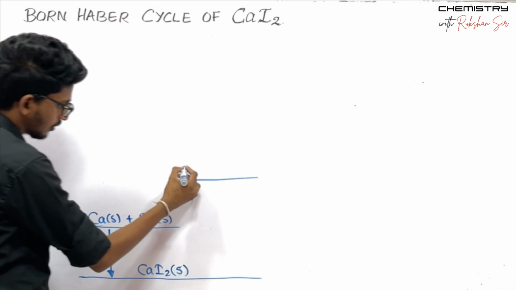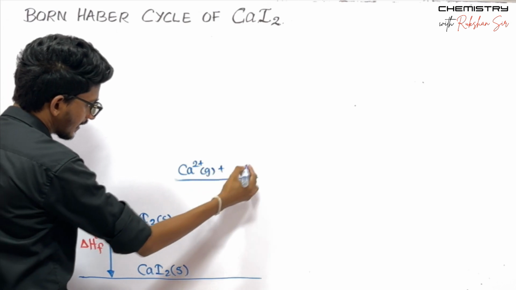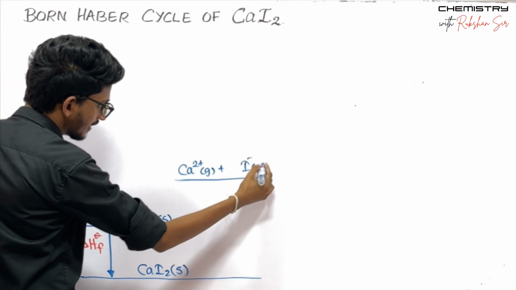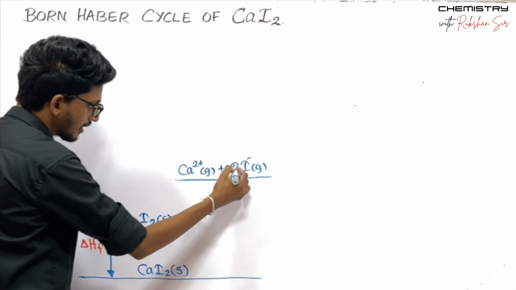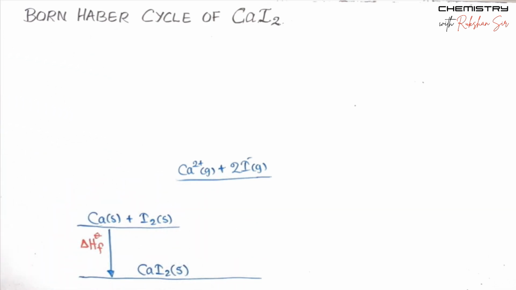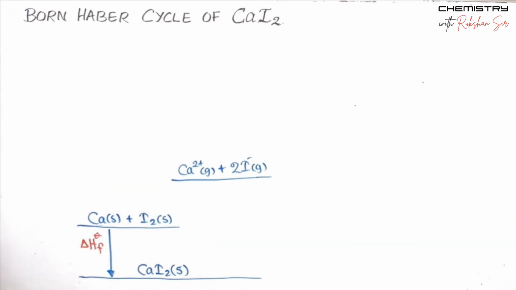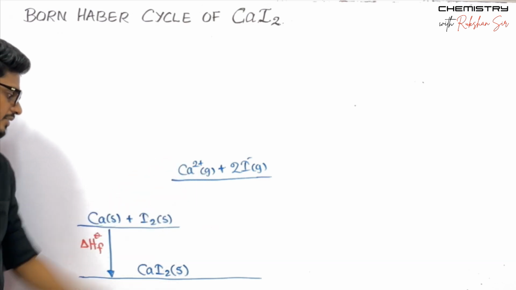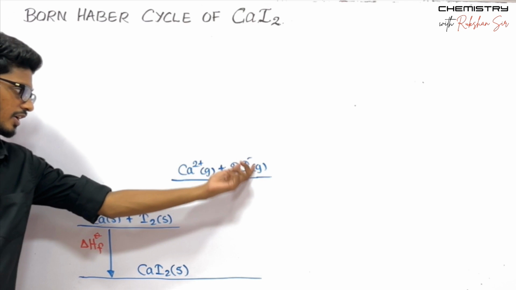So Ca2+ gas and I minus gas, and 2 of I minus should appear for the conservation of mass, right? Now our task is to convert this calcium solid to Ca2+ gas, as well as to convert this I2 solid to 2 I minus gas.